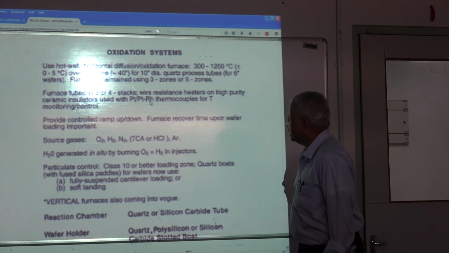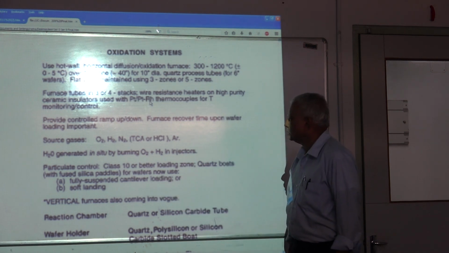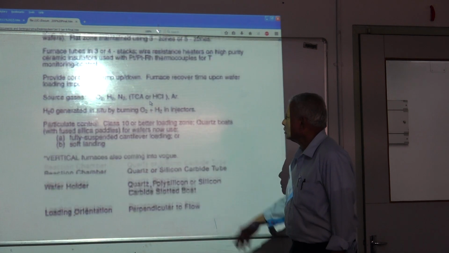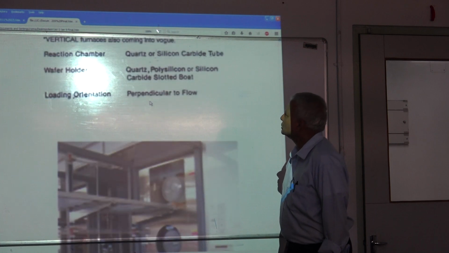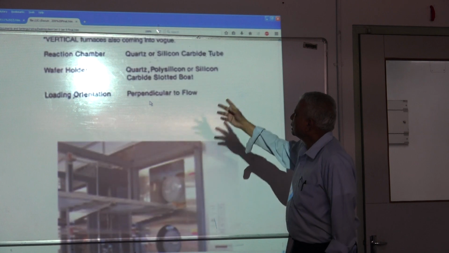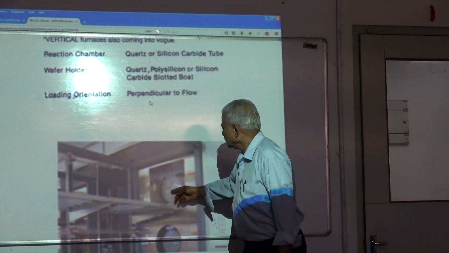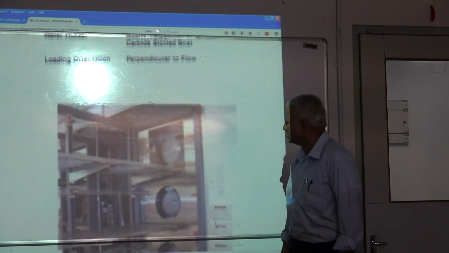Quartz boats, they are very high purity quartz boats. It used to be cantilever loading and soft landing, etc. There are also vertical furnaces, vertical oxidation tubes. Again, not terribly popular, but there have been cases, in many cases.